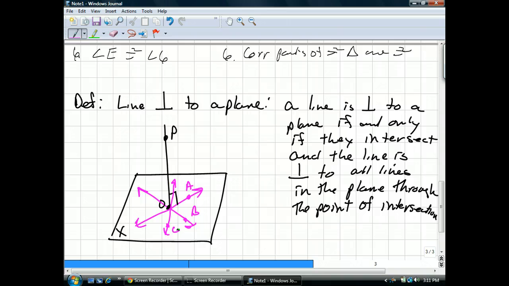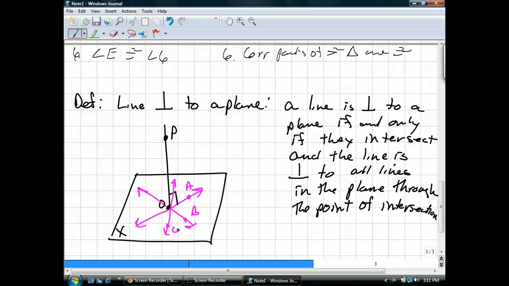So we have line AO, line BO, line CO. And line PO is perpendicular to every one of those lines, and so it's perpendicular to the plane also.